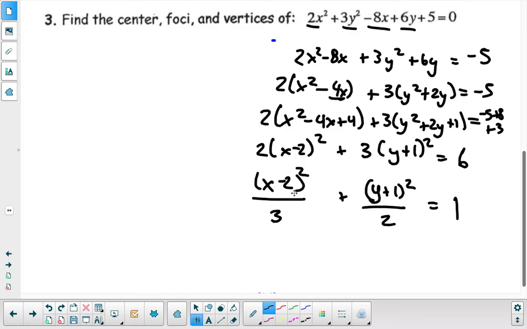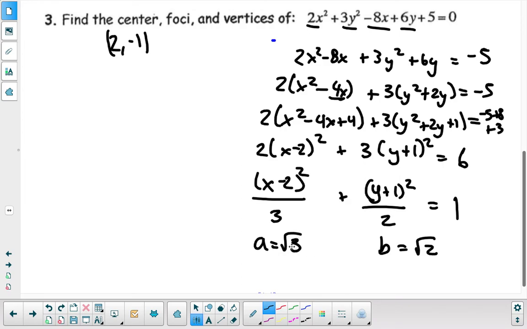You already have the center because it's h and k. So our center is 2, negative 1. The next easiest part is the vertices, because we don't have to figure out what the c value is. But a is the square root of 3. I'll write b, but we don't really need to know b. B is the square root of 2.